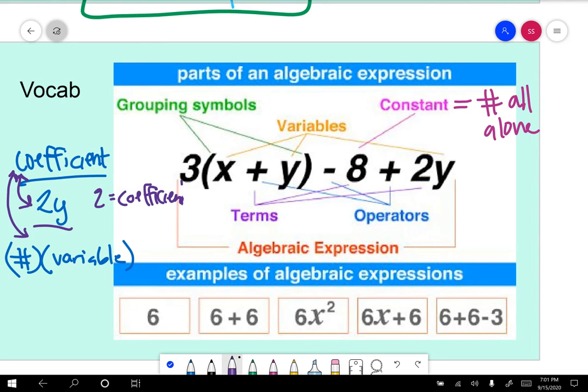Always, if you have a number or a variable right outside the grouping, like this 3 here, it means you need to multiply it. Just like having numbers right next to each other, right? That would mean 3 times 4. So same thing there. It means multiply.